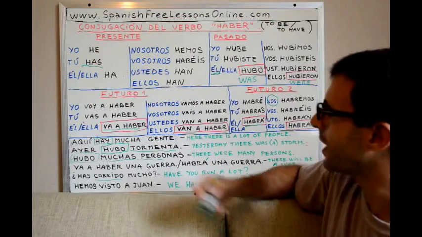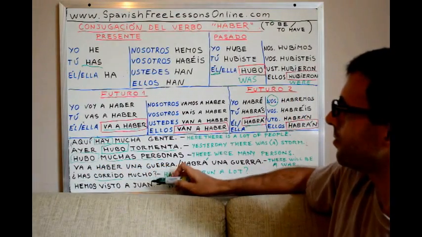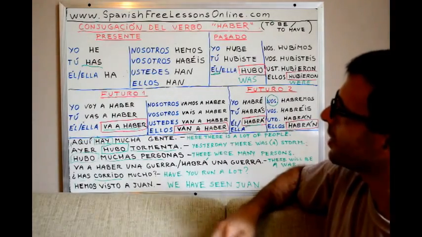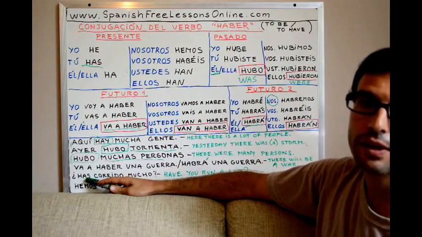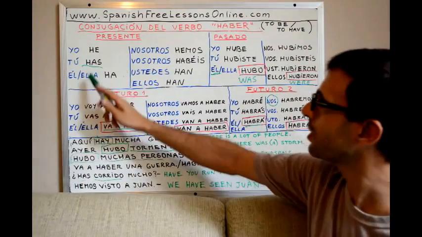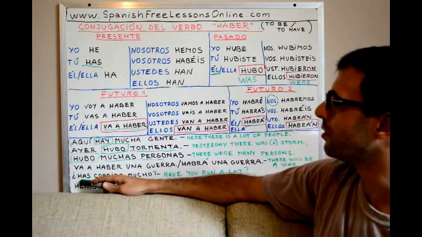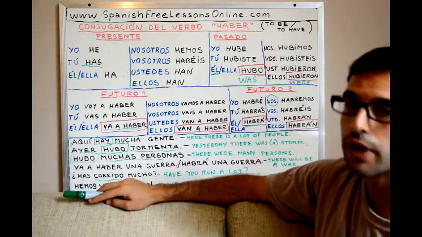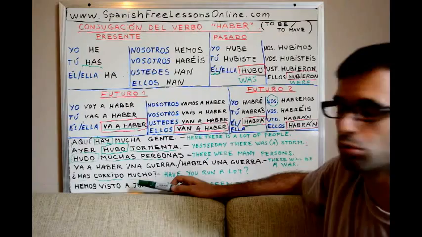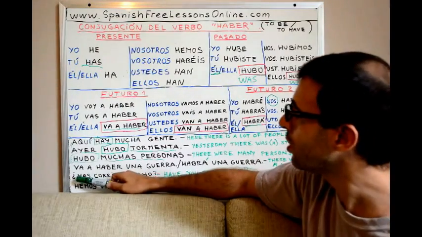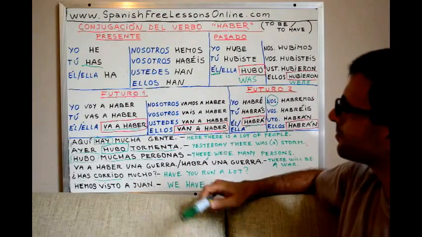So we are saying, have you run a lot? Remember that in Spanish we can omit the subject, tú, because it's implied in the conjugated verb. So it's okay to say, tú has corrido mucho, but we don't need to say tú, so we can omit it and we just say, has corrido mucho? Have you run a lot?